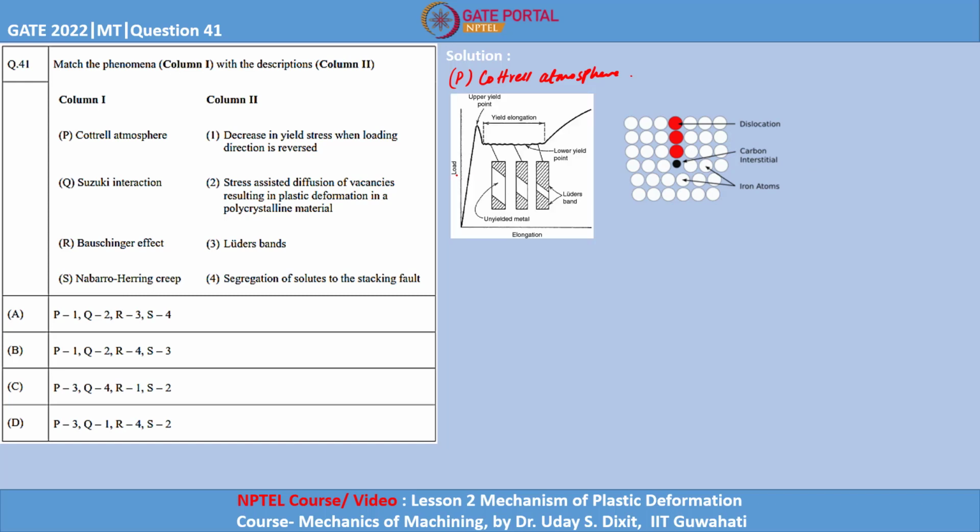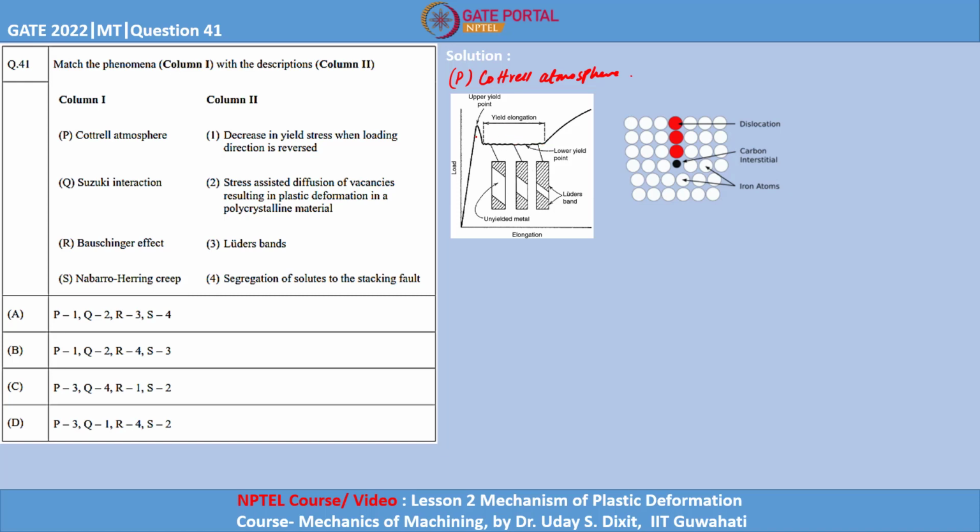I have a graph, load versus elongation, and you can see here this is the elastic strain generated inside the material, this is the upper yield point, and this is the lower yield point value.